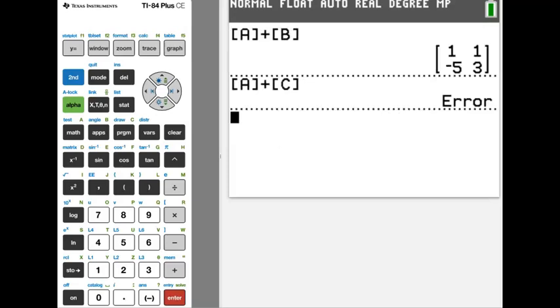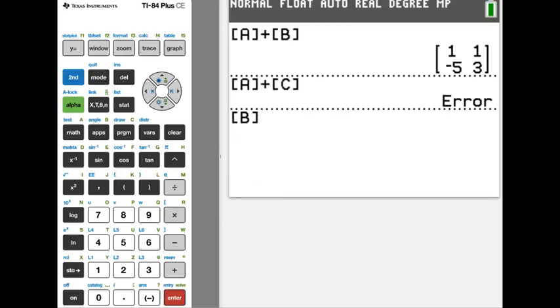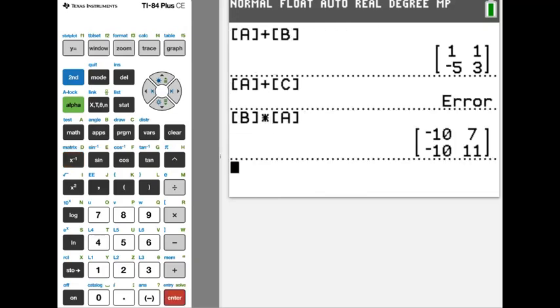So then the next one that we had was B times A. So matrix B times matrix A. All right, and there's the answer that was answer choice B there.